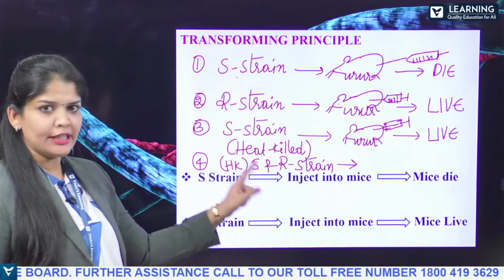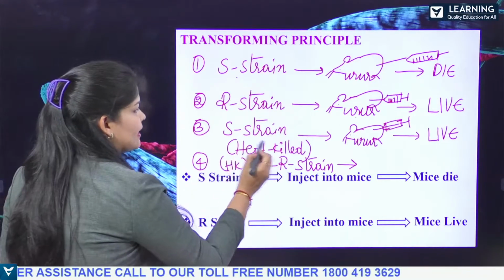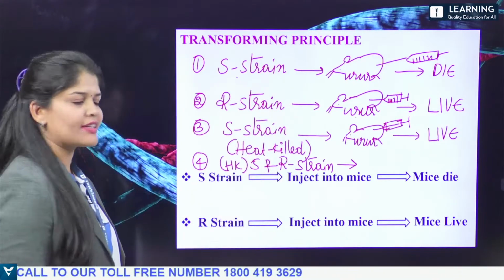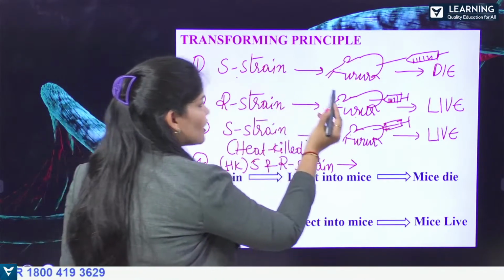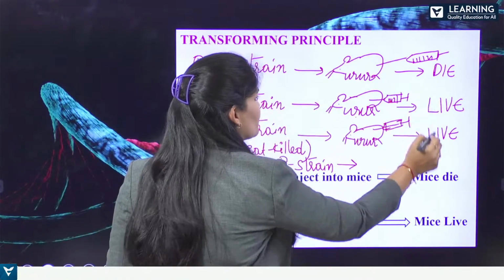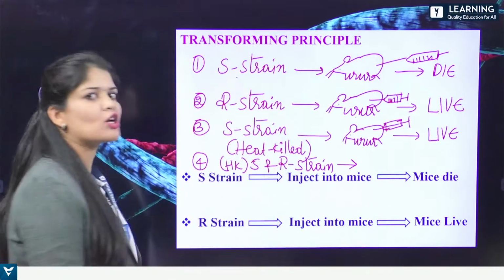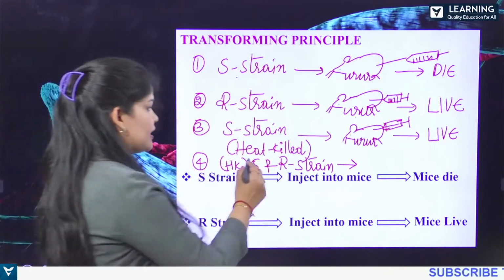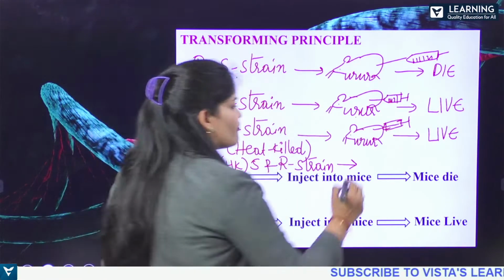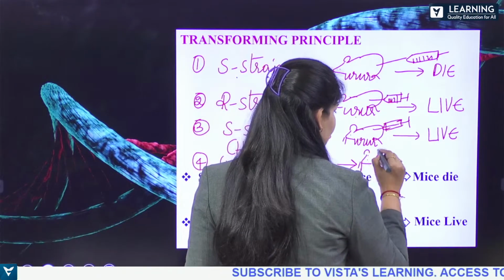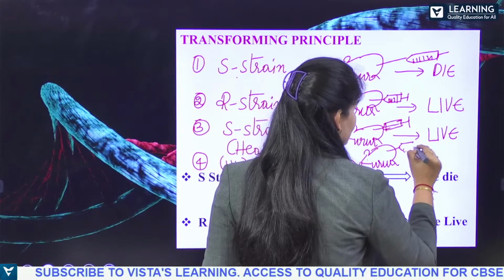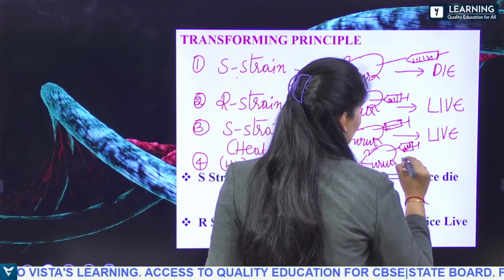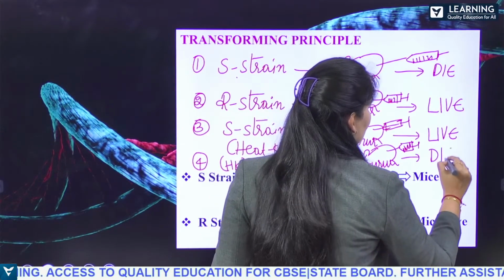In both cases individually, the heat killed S strain is not capable of producing pneumonia, and the R strain is also not capable of producing pneumonia. In both cases, the mice live. But here, with the combination, when he injected it into the mice, to his surprise, the death of the mice took place.